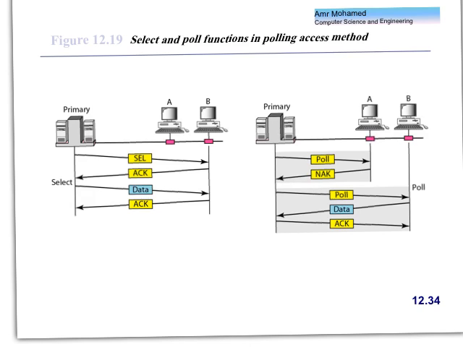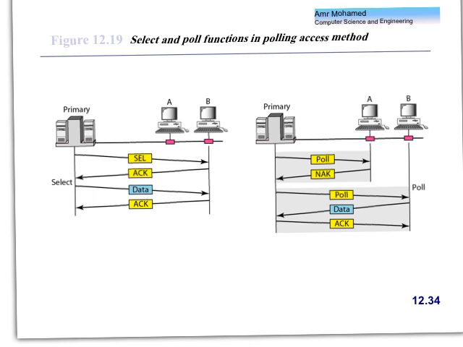So polling is based on the fact that I'm always asking whether you have something to send me, or I have data to send to you. The polling mechanism has some overhead. As you can see, in order to avoid collision, I have to send so many control signals.